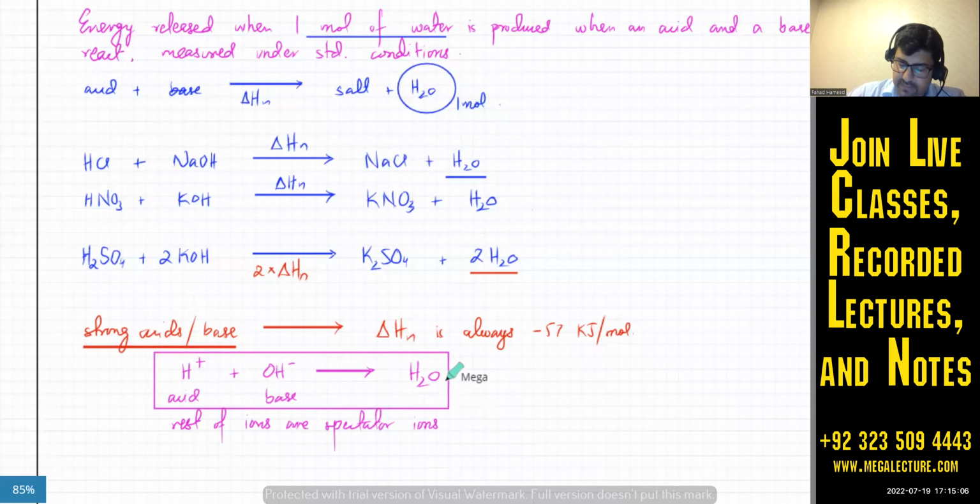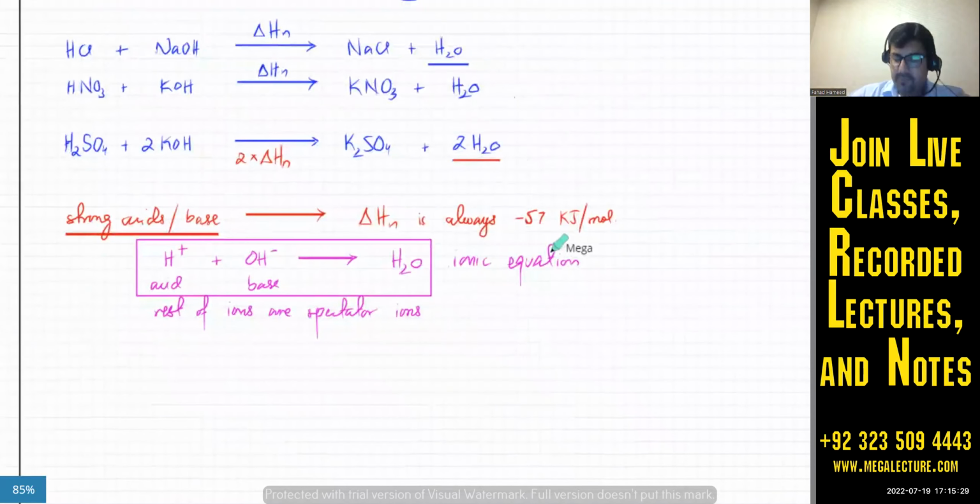Every time you have the same ionic equation. And the enthalpy change delta Hn is usually close to minus 57 kilojoules per mole.